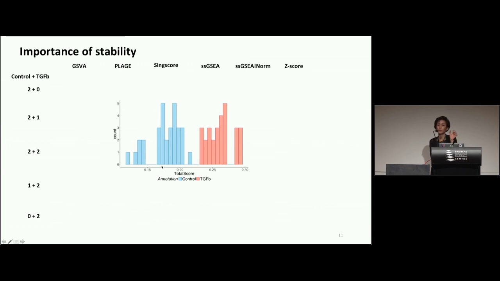What we can do is take a few samples out from this distribution, score them separately, and try to overlay them back onto this distribution to see if we can put them in the right place. So basically, as an example, we might take 2 control samples out, score them, and overlay them back. Or we might take 2 control and 1 TGF-beta samples, score them and put them back. And we have different scenarios here, as you can see.